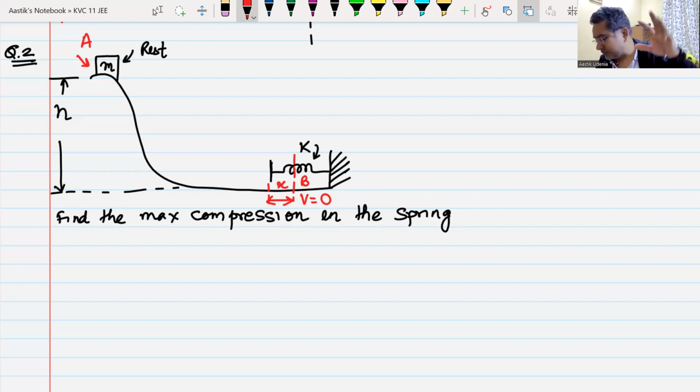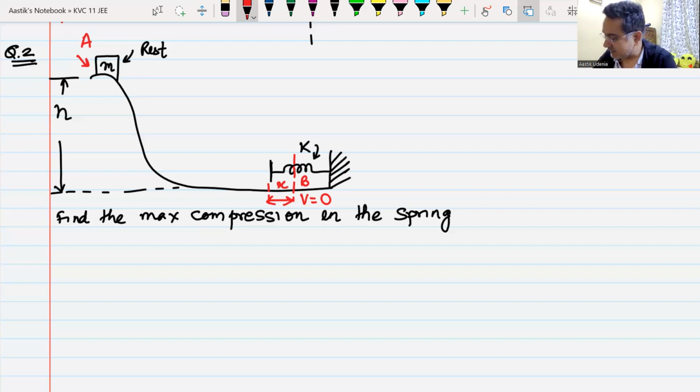Gravitational force is going to work everywhere. Normal reaction is going to work everywhere. But spring force is only going to work over a short distance. What is the work done by normal reaction? 0. The other two forces are gravitational force, a conservative force, and spring force, a conservative force.